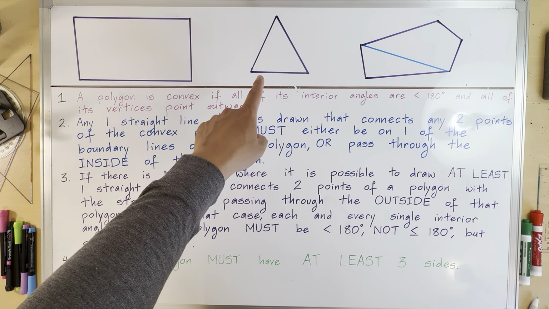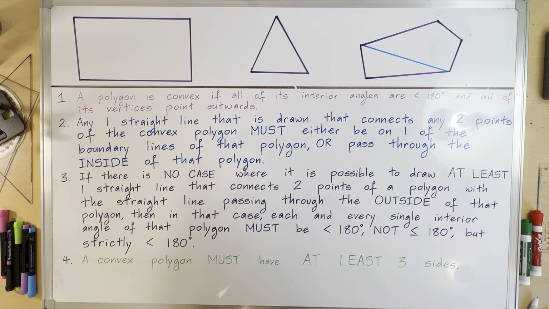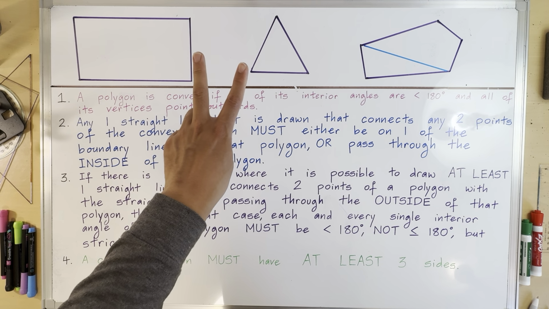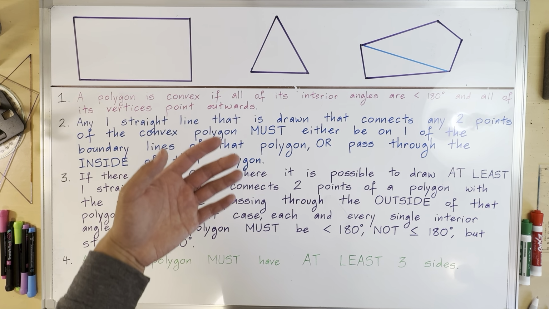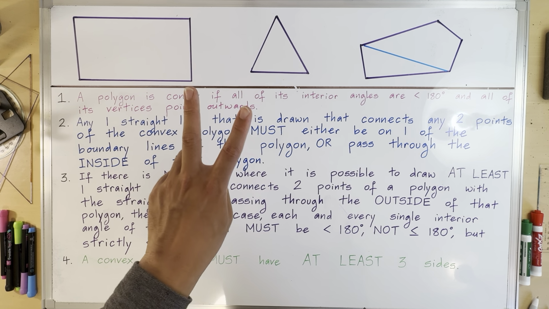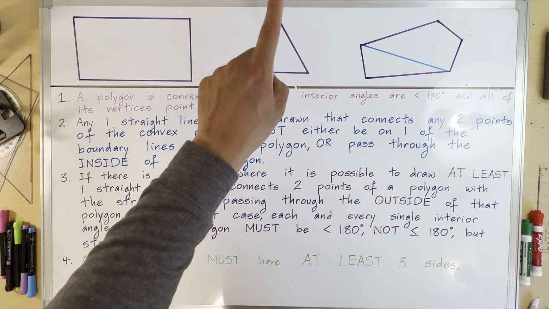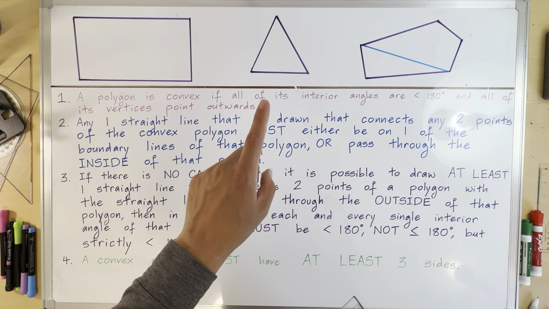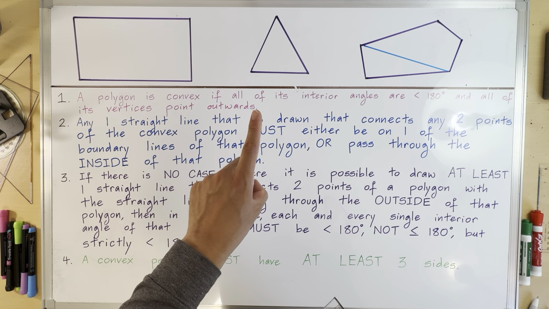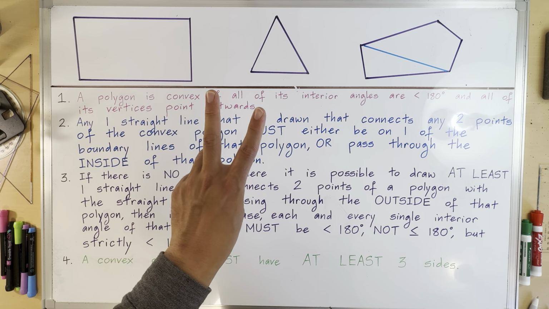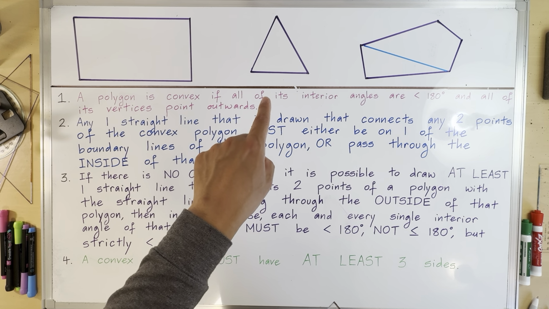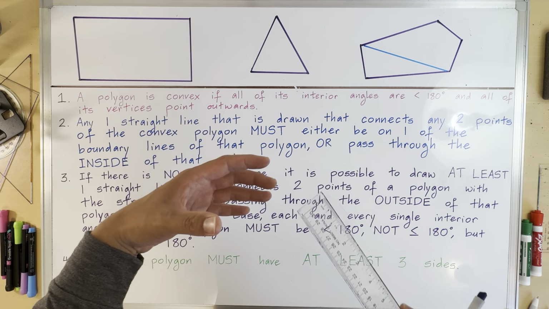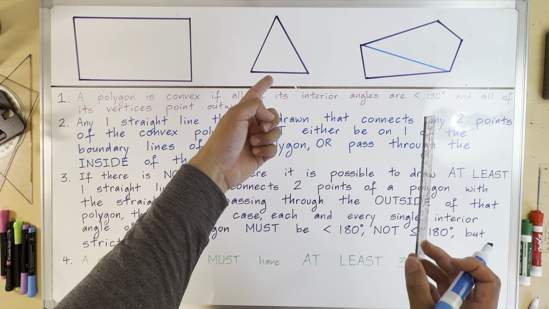Now, as for the triangle, it is not possible to draw a line that connects any 2 points that passes through the inside of the polygon. However, for the triangle, any one straight line that is drawn that connects any 2 of the 3 points of the triangle does not go through the outside of the polygon either.